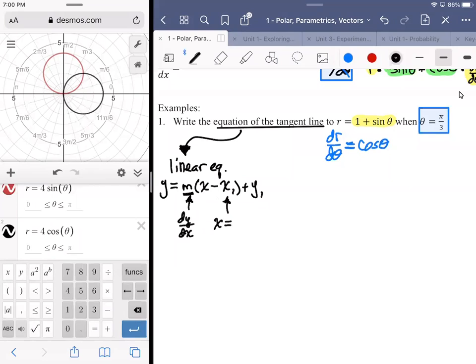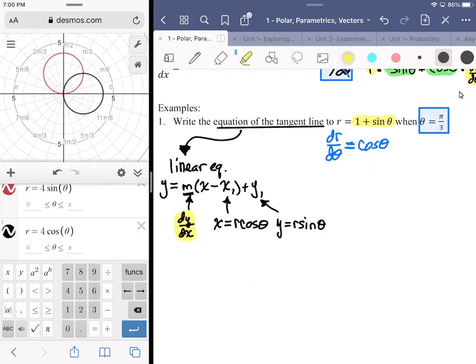So this goes back to right in the beginning of this portion of the unit: x is equal to r cosine theta. y is equal to r sine theta. All right, so we need all that information. And once we have it, we're good, but the key ingredient here is going to be that derivative.